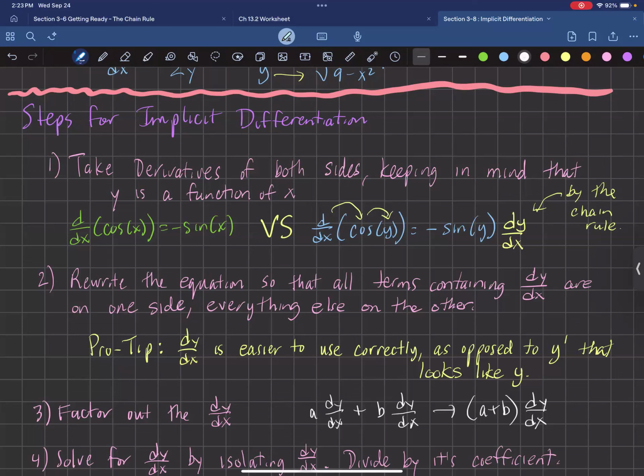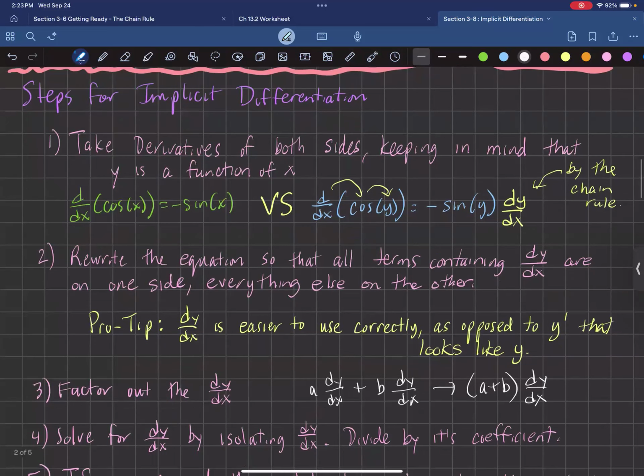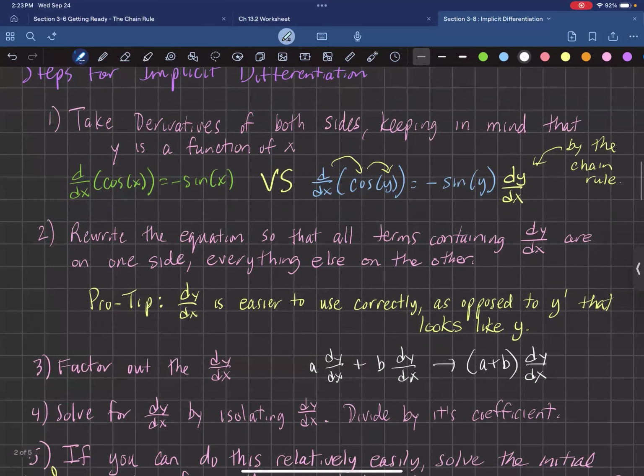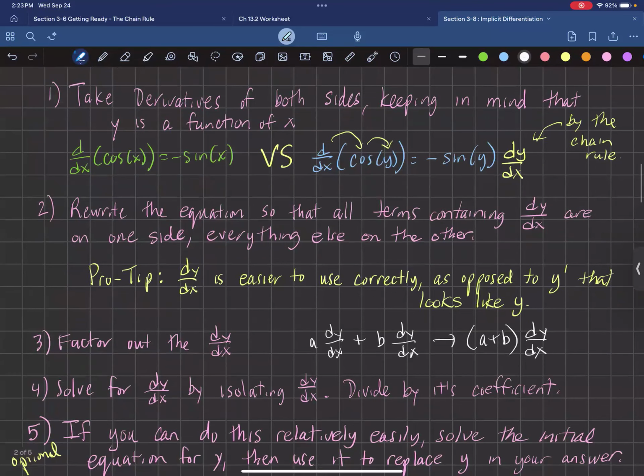And now a plus b here is like a multiplier on it. So when we solve for dy dx, we're isolating dy dx, we divide by its coefficient. Here we would divide by a plus b. Or multiply, I don't want to use x for multiply, multiply by 1 over a plus b.